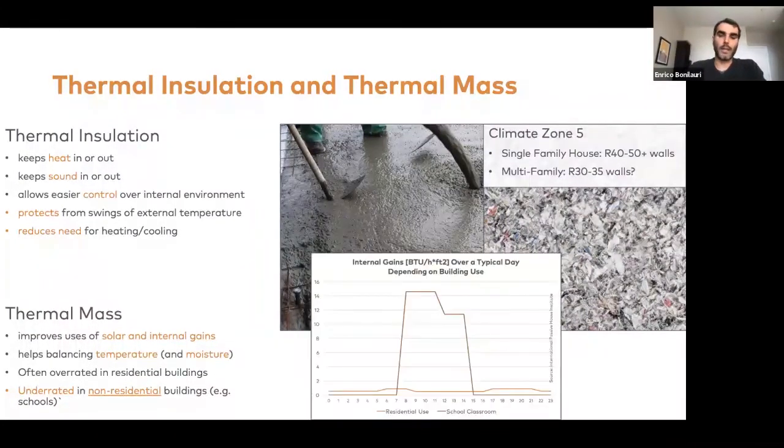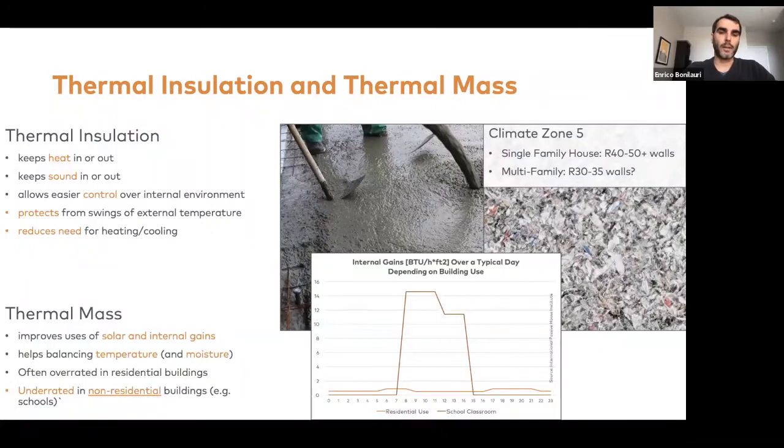So in this graph here, you see the typical distribution of internal gains in a house. That is the orange line at the very bottom that is almost constant throughout the 24 hours of the day, versus the brown line that represents a classroom where it's empty for most of the day, and then you have very high occupancy while the school is open.